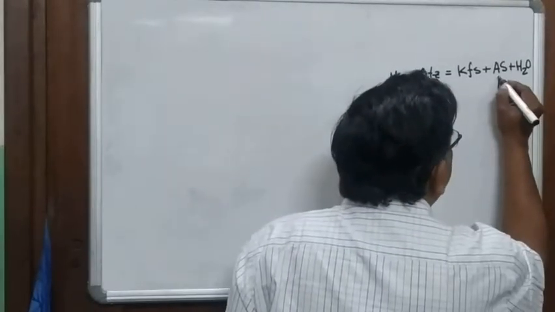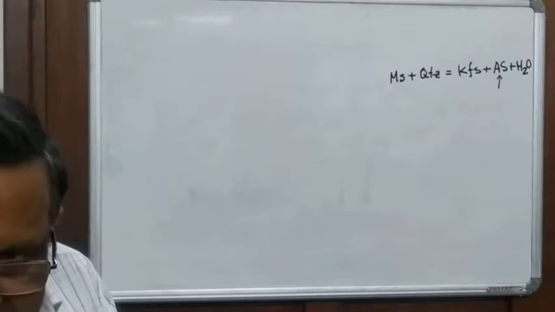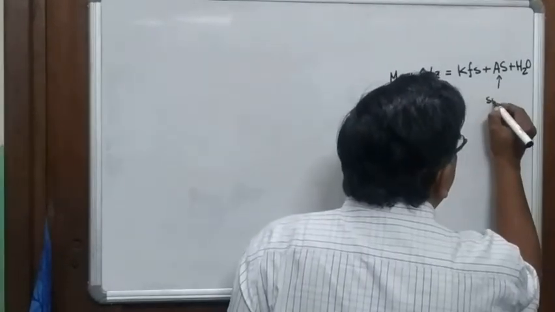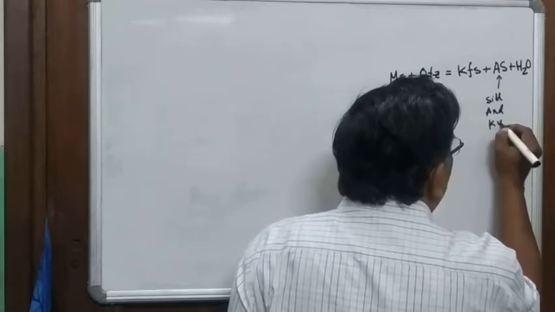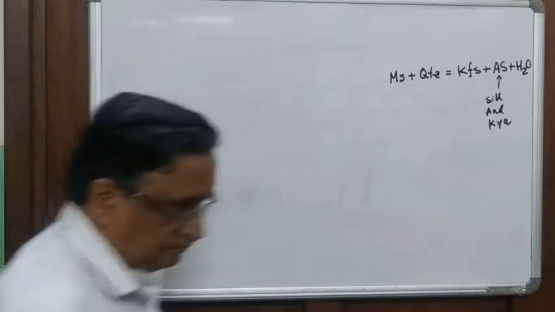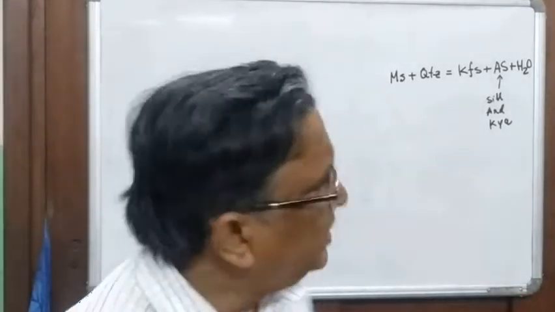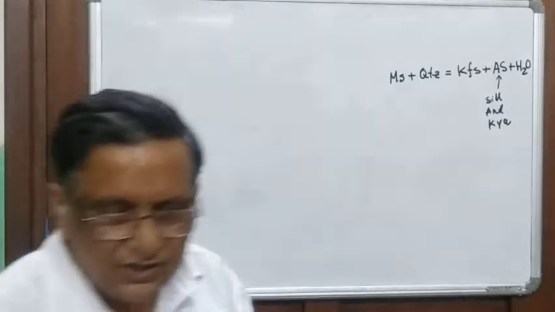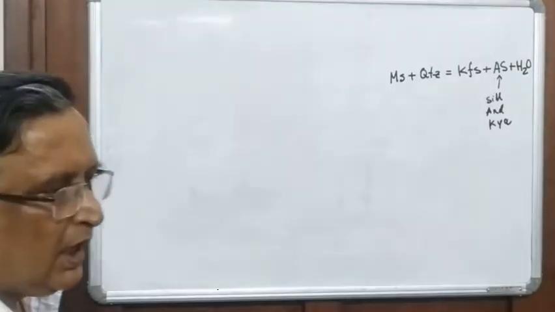This term might be unfamiliar. It's not a mineral, it's called aluminosilicates, AS. So it could be sillimanite, andalusite, or kyanite. And so it's time possibly to start writing reactions a little bit.